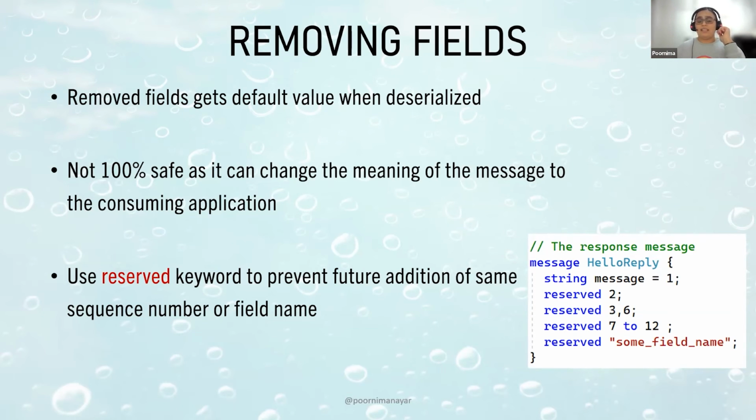So in this case, the number 2 is reserved, in which case no one can come at a later date and add a field at number 2, and so on. So this is one way to make sure that nothing gets added by default or by accident.